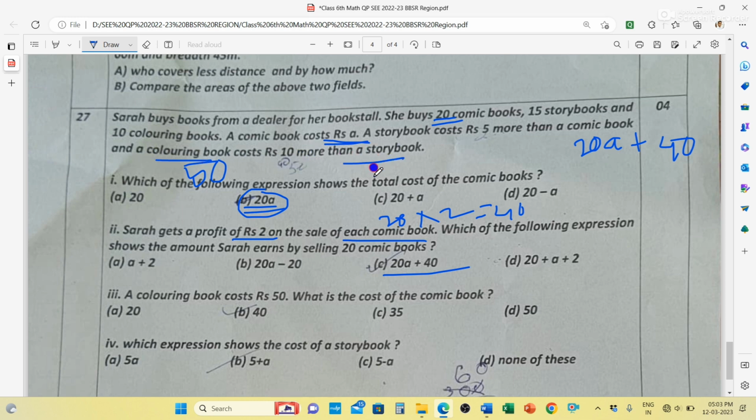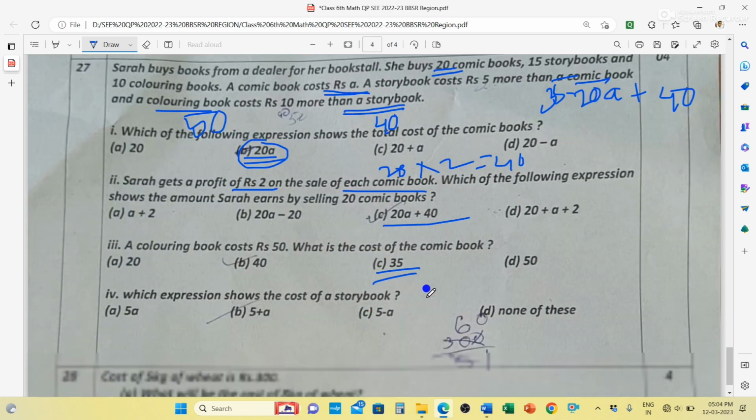That means the storybook is 10 rupees less, so the storybook is 40. A storybook costs 5 rupees more than a comic book, so the comic book will be 5 less than the storybook, so it will be 35. So the comic book will be 35 rupees.